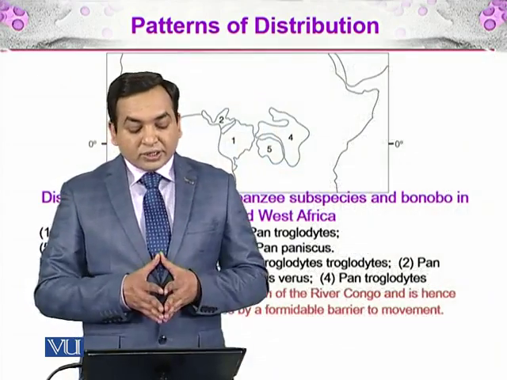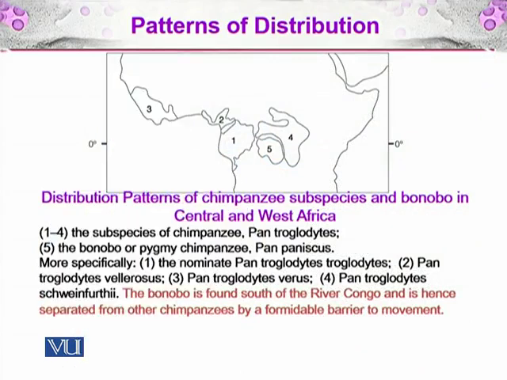Here you can see the distribution pattern of chimpanzee subspecies and the bonobo in Central and West Africa. Areas 1 to 4 are north of the Congo River, and those are the chimpanzee, Pan troglodytes. And then there is the bonobo or pygmy chimpanzee, Pan paniscus. More specifically, you can see the names of the different chimpanzee subspecies.